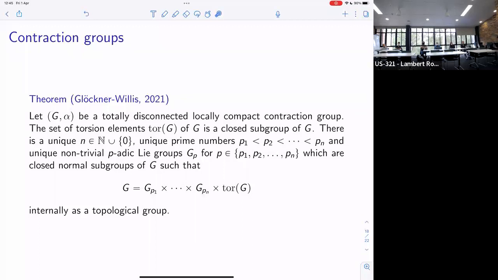In a paper by my supervisor George Willis and Helge Glöckner, it was shown that every TDLC contraction group is a unique finite direct product of p-adic Lie groups and the subgroup of torsion elements in our group G. From a representation theoretic perspective, the representation theory of the p-adic Lie groups has been fairly heavily studied, and questions about it are usually quite challenging to understand and solve.